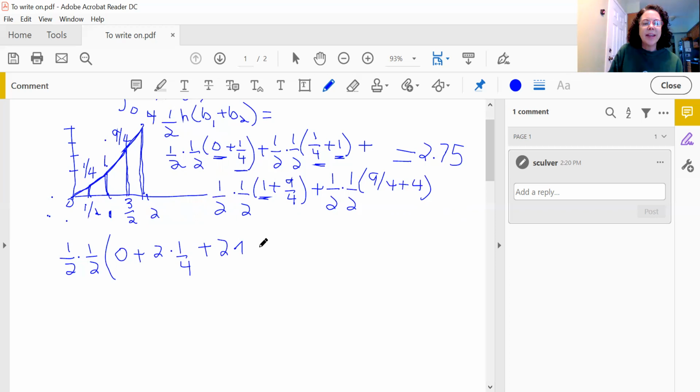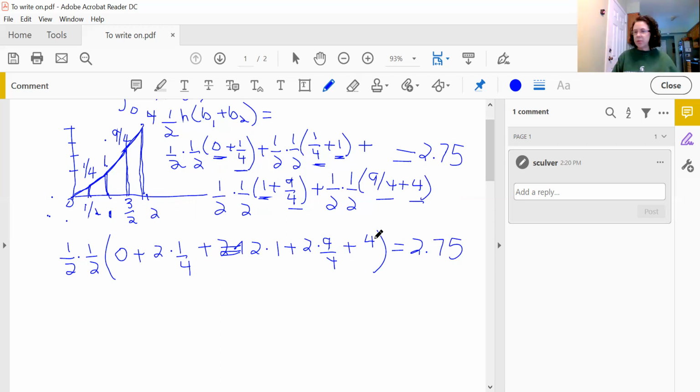Plus I used the 9/4 twice. And I use the last base once. And it always goes this way. You have 1/2 times the height, and then you use the first base and the last base once and all the other bases twice, and you would get the 2.75.